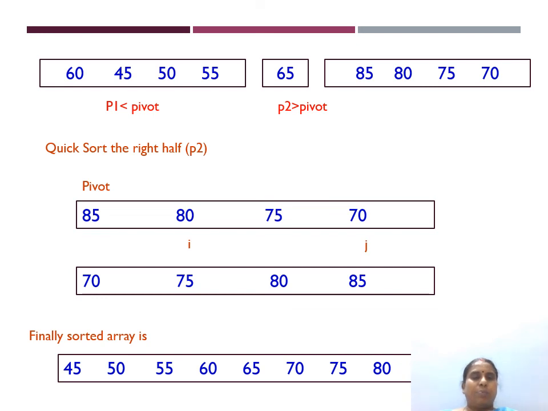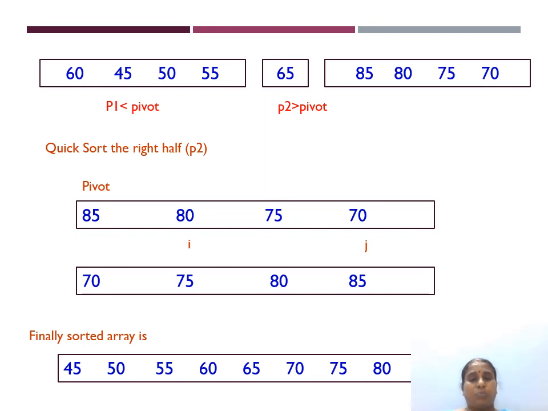Then we proceed with the j pointer on the right hand side, which will verify for the larger values. It will be compared with the pivot value whether it is larger or not. If it is larger, then the j pointer will be moved to the left. If it is not larger, then the j pointer will not move to the left.